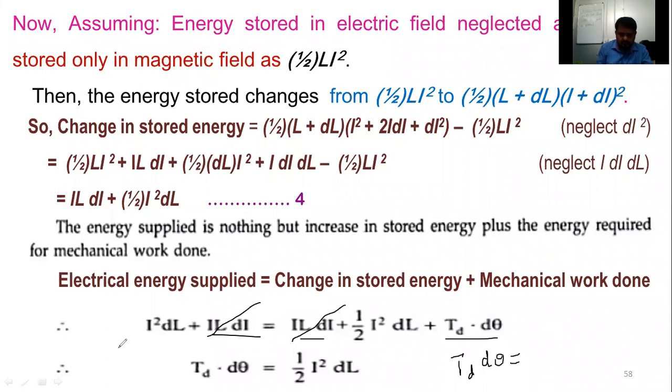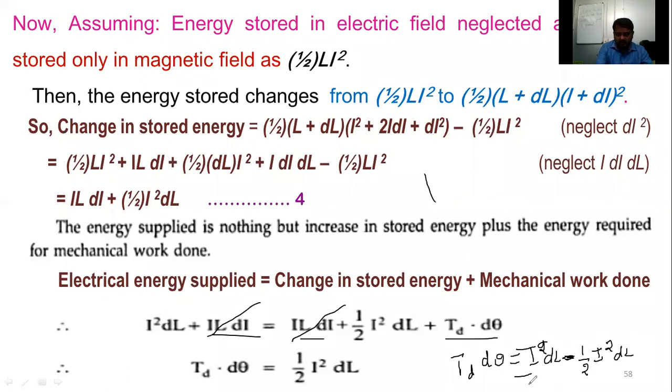On the LHS, I square dL is there, and this other term I will send to the LHS. Will it become plus or minus? Minus. So we bring it back here, minus 1 by 2 I square dL.